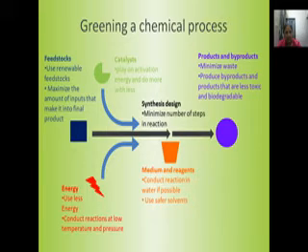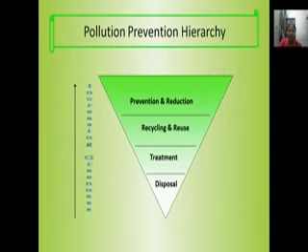Use less energy: conduct reactions at low temperature and pressure, use minimum medium and reagents, and conduct the reaction in water if possible. Use safer solvents. By doing this, we minimize waste and produce byproducts and products that are less toxic and biodegradable.